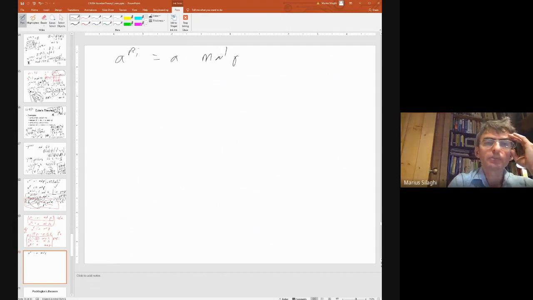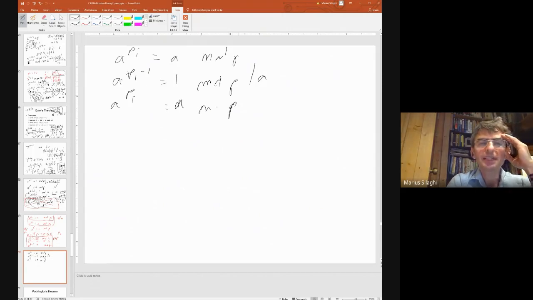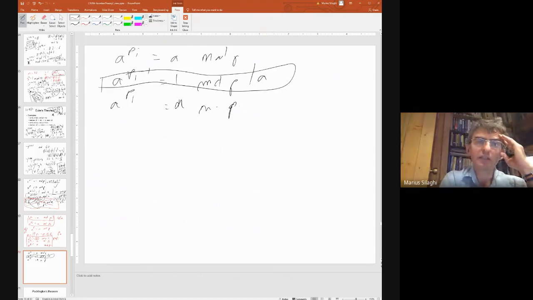Because it was obtained by multiplying the relation A at power p minus 1 equals 1 mod p with A. But rather than multiplying here, we could have looked at another generalization that is stronger.